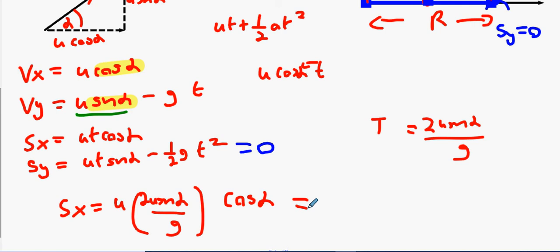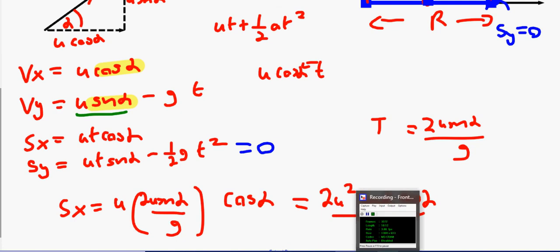So what's the Sx value then? How many u's do I have? Sine alpha, cos alpha, all over g. You haven't made a mistake, that's standard, that's perfect.